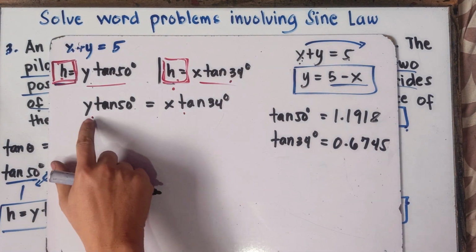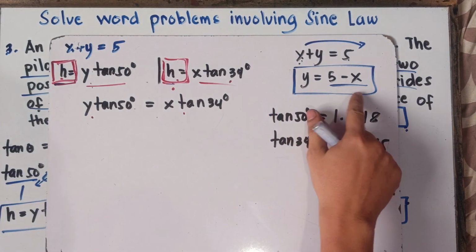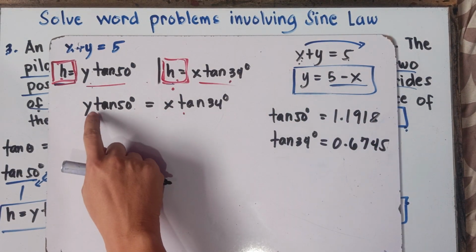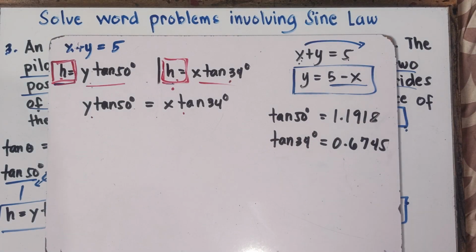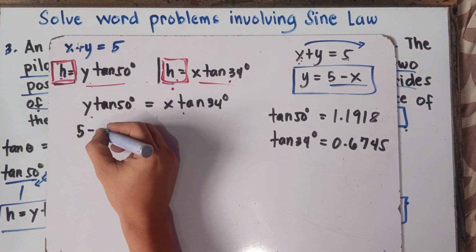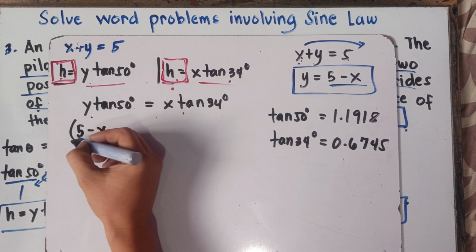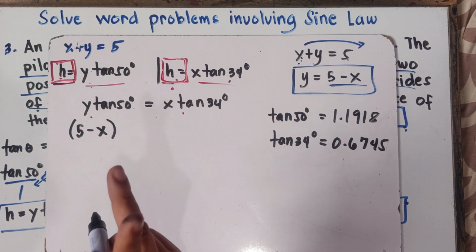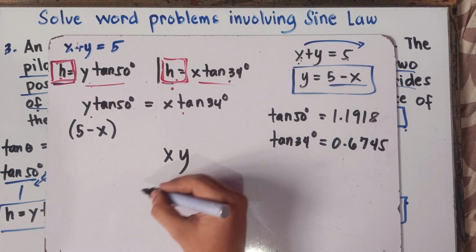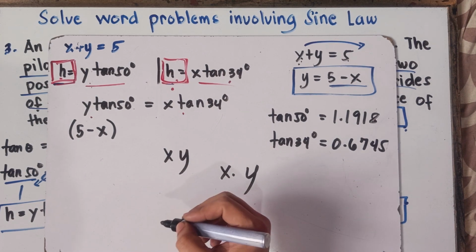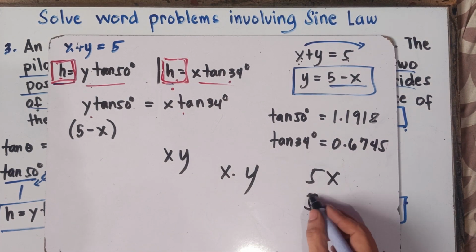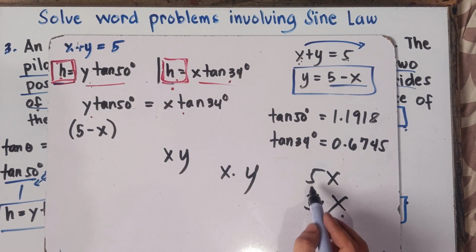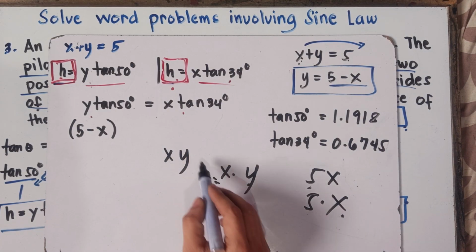Once again, class, the value of y is 5 minus x. Simply substitute the value of y, so change this into 5 minus x. We need to put parentheses, because we need to multiply this one. Once again, if you have variables close to each other, for example x and y, it means x times y. If you have 5x, it means 5 times x. 5 times x is 5x. X times y is xy.